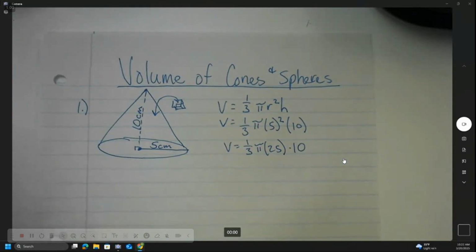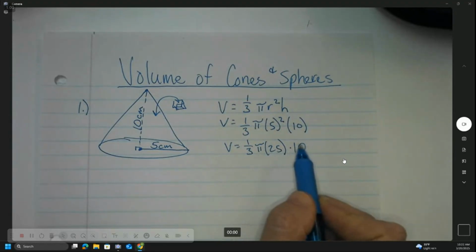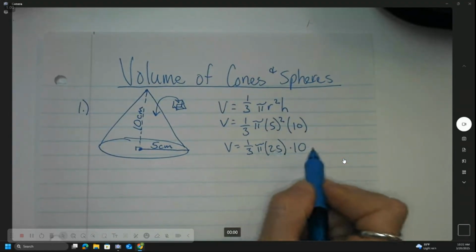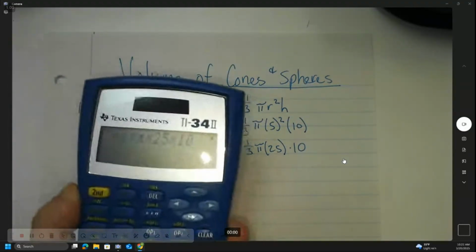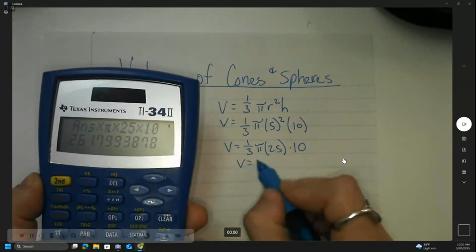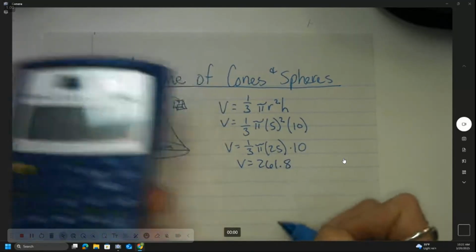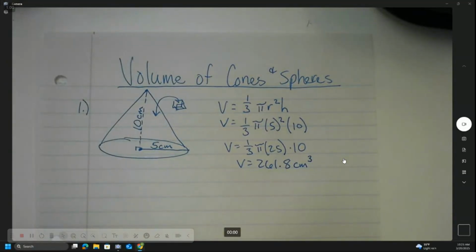I'm going to do all of that together, because this is all multiplying, so you work from left to right. If I plug 1/3 times pi times 25 times 10 into my calculator, you'll get 261 and 8/10 centimeters cubed. That's how many cubes fit on the inside of that cone.